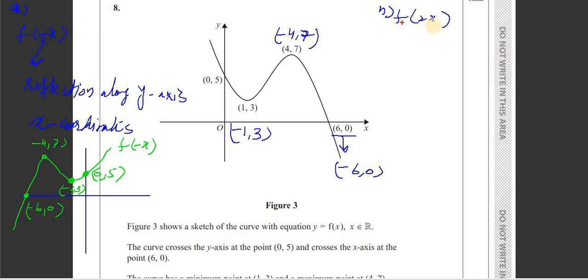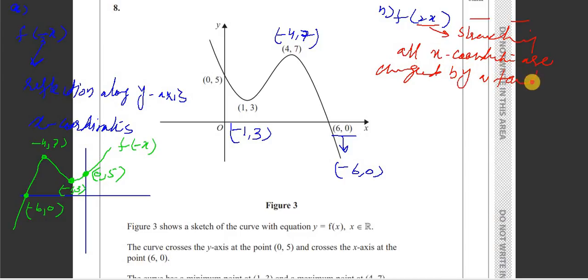Let's talk about part B, f of 2x. This 2x is stretching, and as this is the coefficient 2, that means all x coordinates are changed or stretched by a factor of 1 upon 2.